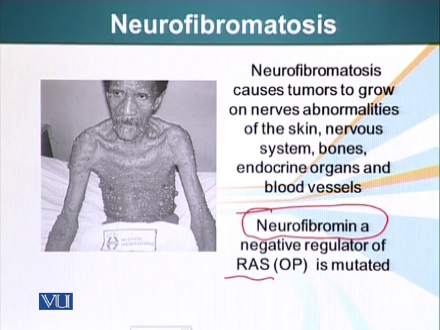So if that protein is mutated, RAS stays constitutively on, which results in uncontrolled cell division, which will result in these tumors you can see on this particular patient. And by the way, I hope you also remember this is a dominant disorder. So mutations in genes that code for regulatory proteins result in a disease which is transmitted in a dominant pattern of inheritance.